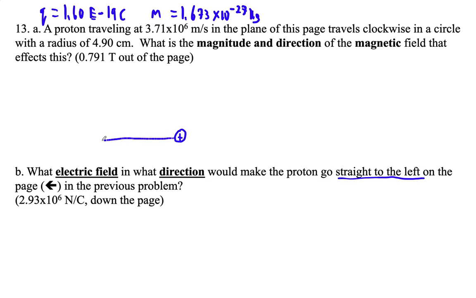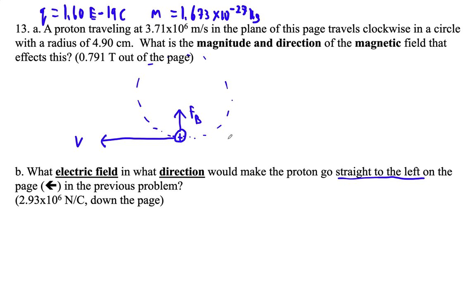Yeah, at one instant, here's its velocity. Now if this guy is going clockwise, its path is like this, so there must be a magnetic force that's up the page, right?